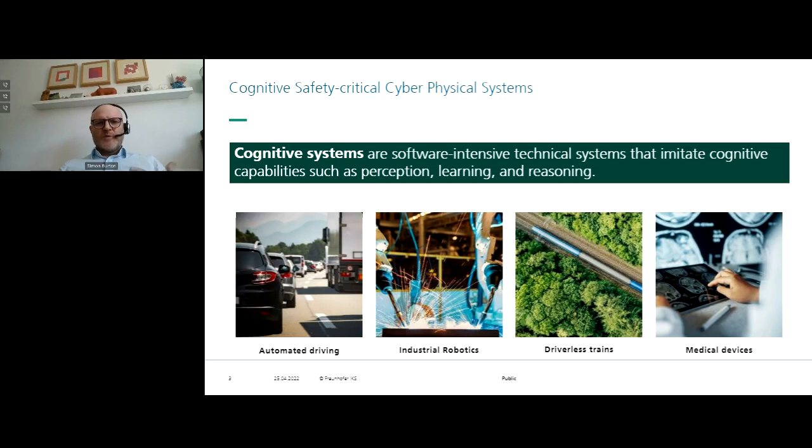First of all, let's look at the classes of systems that we're currently developing as an industry. IKS, the name of my institute, stands for the Institute for Cognitive Systems. What do we understand as a cognitive system? This is a system that is software intensive. It's a technical system. We refer to embedded cyber-physical systems, but we call them cognitive systems because somehow they need to imitate cognitive capabilities such as perception, learning, and reasoning to fulfill very complex tasks.